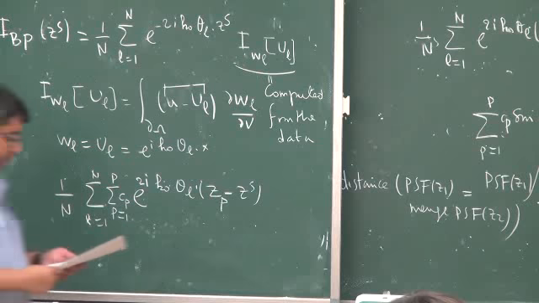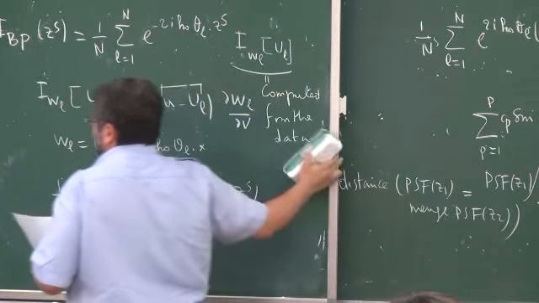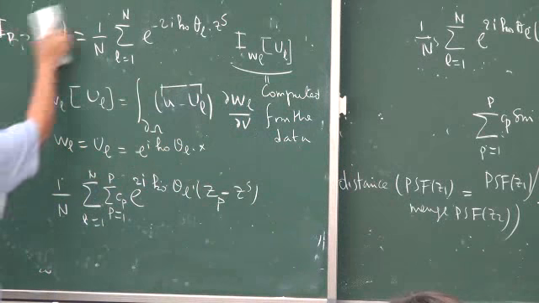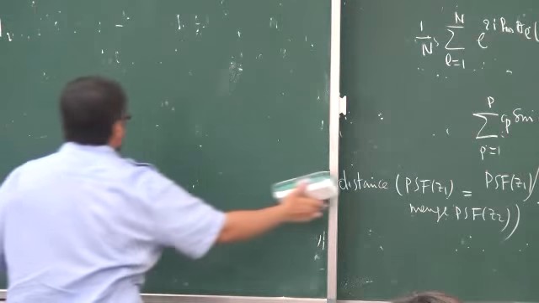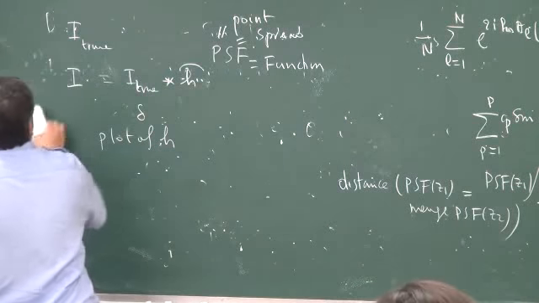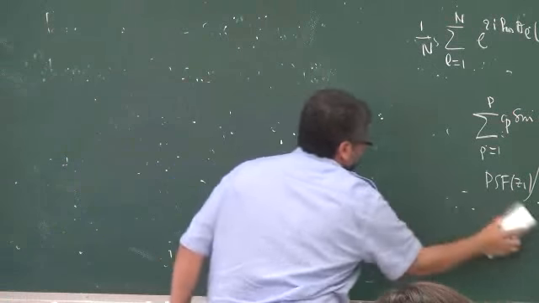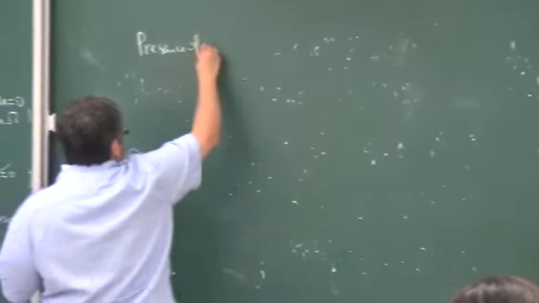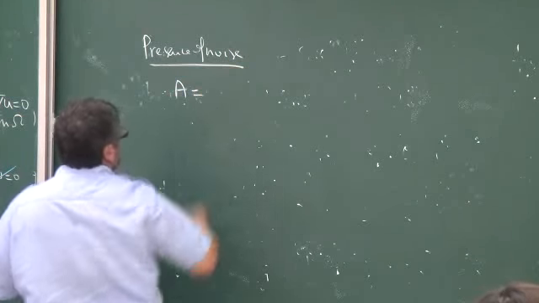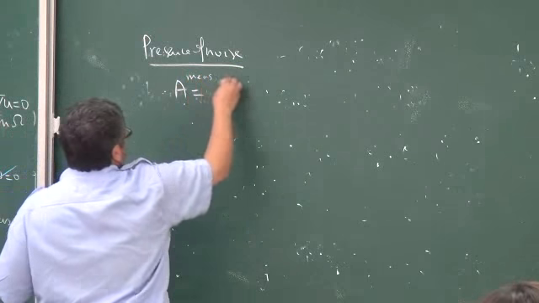When you have noise, you want to... so in the presence of noise, A would be the measurement, which would be A0.